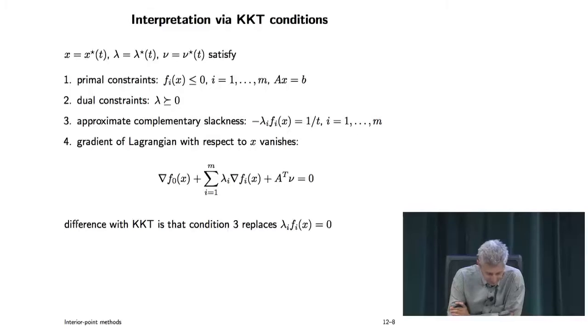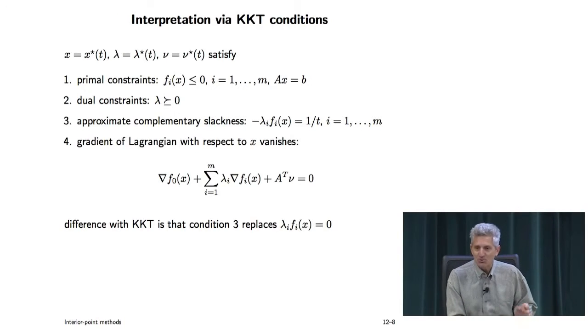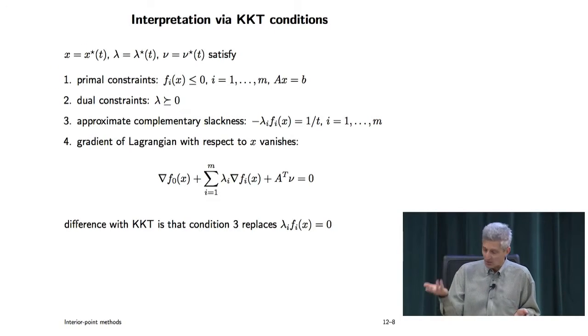So a couple more interpretations. This is actually probably the dominant modern interpretation of the interior point method. If you pull some book or something like that, this is the way the story would go. They would say, here are the KKT conditions for an inequality constrained problem.